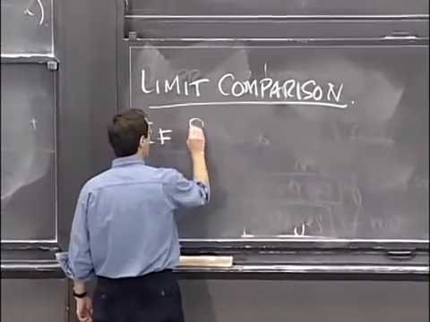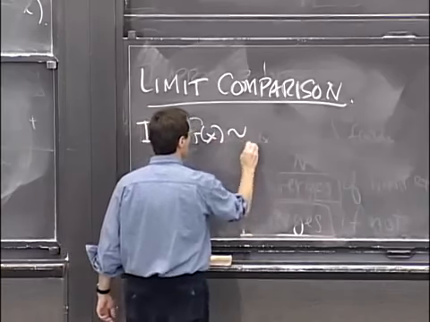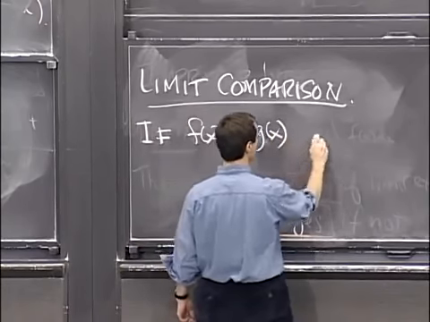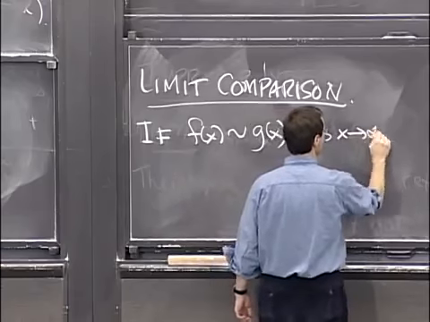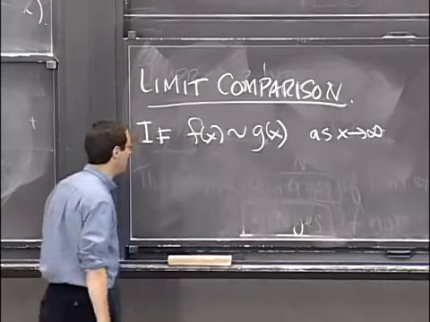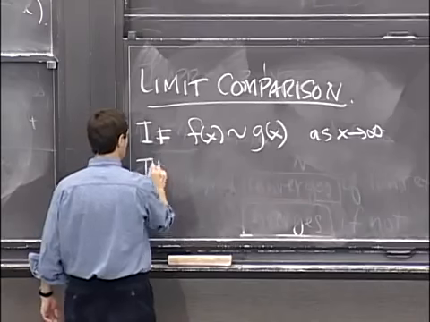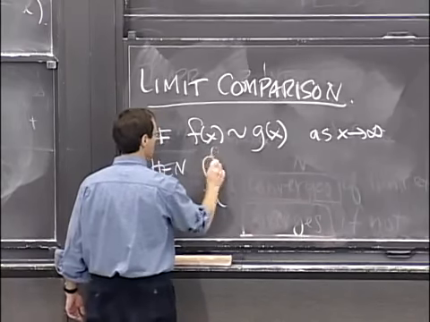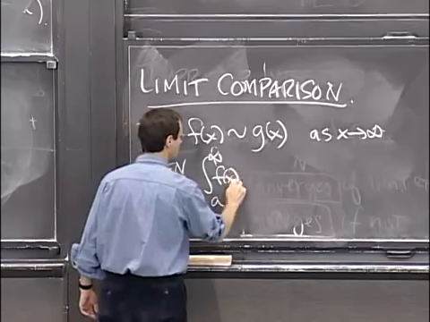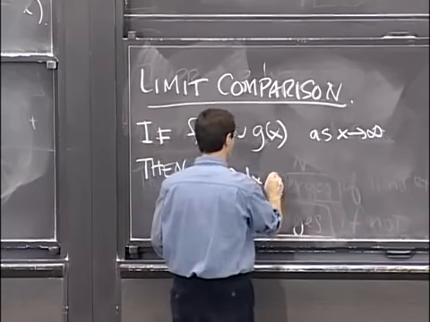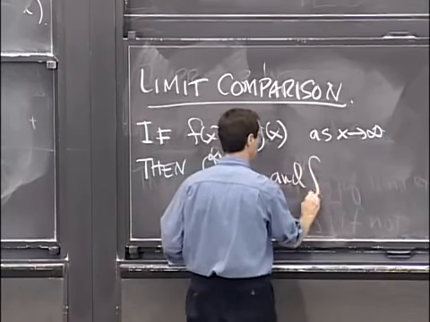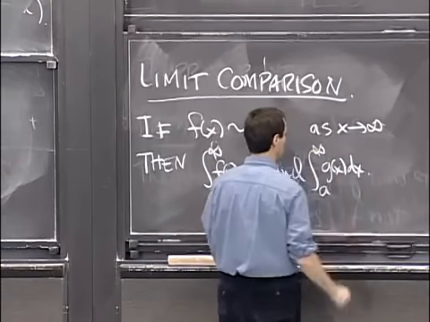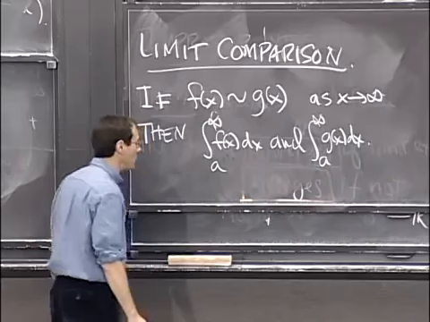If a function f is similar to a function, asymptotically the same as a function g, as x goes to infinity, I'll remind you what that means in a second, then the integral, starting at some point out to infinity of f of x dx, and the other one, converge and diverge at the same time.